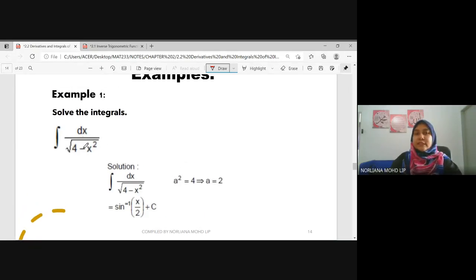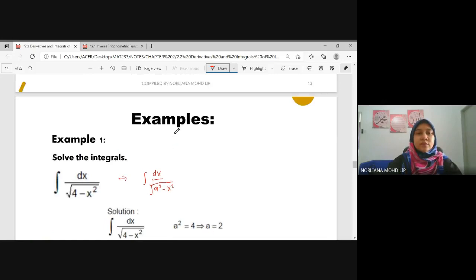Okay, ni tadi pattern apa? The integral kita tengok pattern number 1 lah kan. Dx over a square minus x square kan. Number 1.